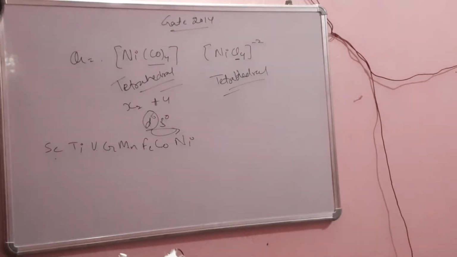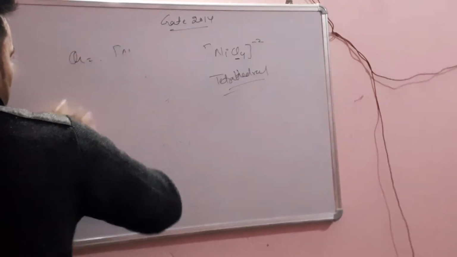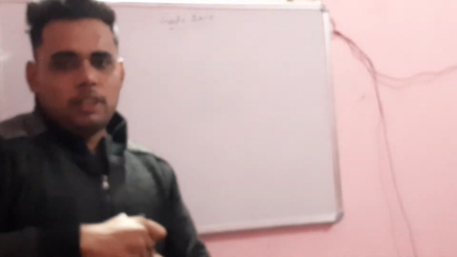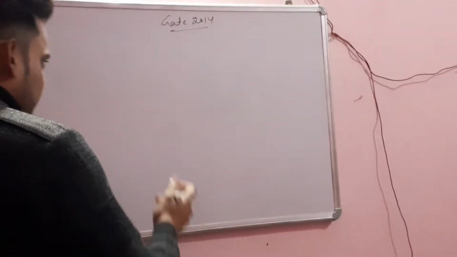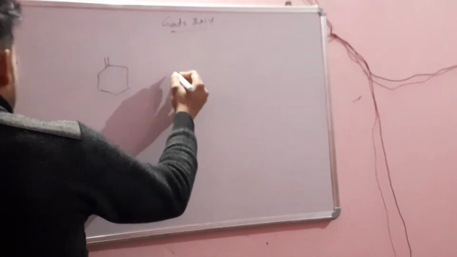Okay. The next question is the correct order of IR frequency. There are 3 compounds given to you and you have been asked what type of frequency of carbon double bond they will give. The question is very simple.